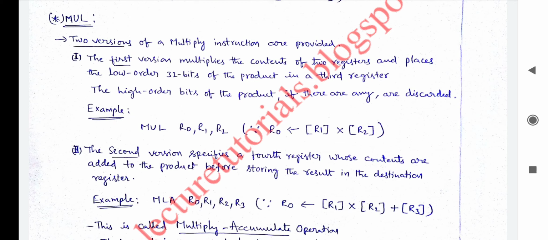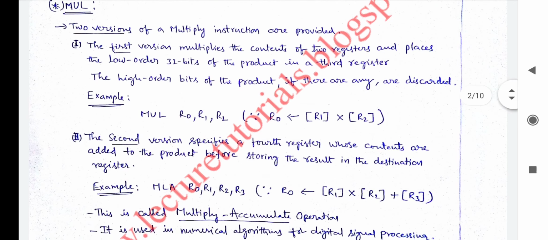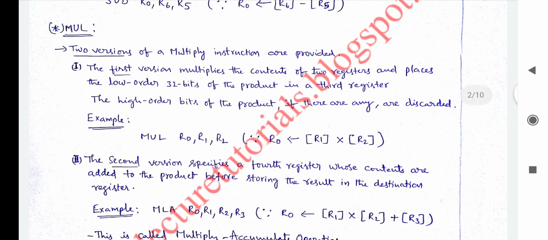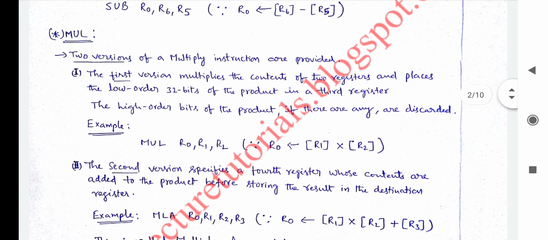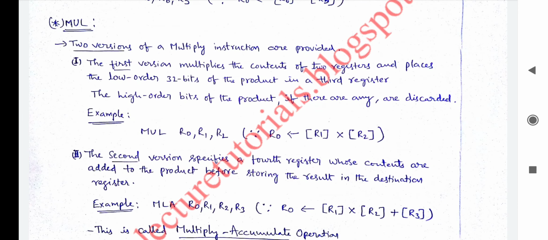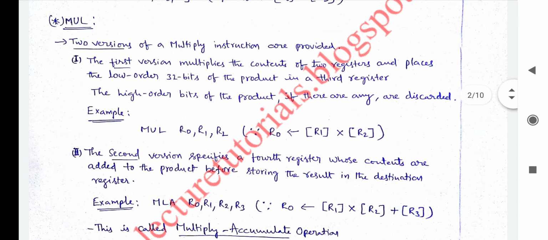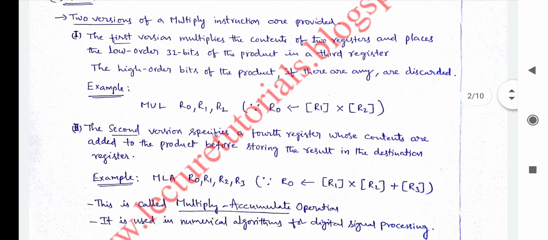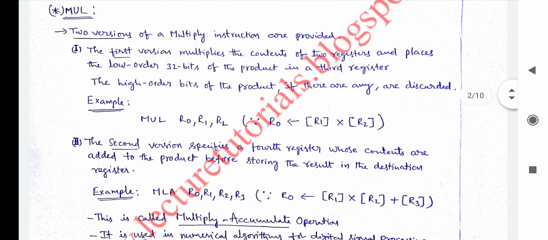The first one multiplies the content of one register with another register and places the lower order 32 bits of the product in a third register, that is the destination register, and the remaining higher order bits are discarded.